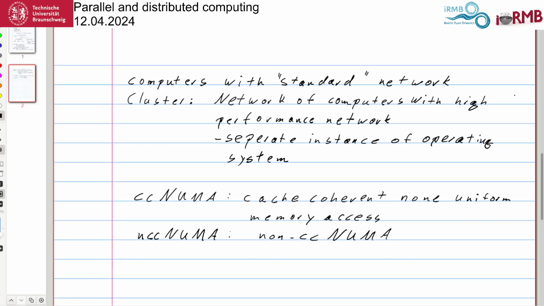This is what happens in the non-cache coherent NUMA, and cache coherent is a mechanism that takes care that this does not happen. For example, by setting a bit that this cache line is dirty, so it has been touched.